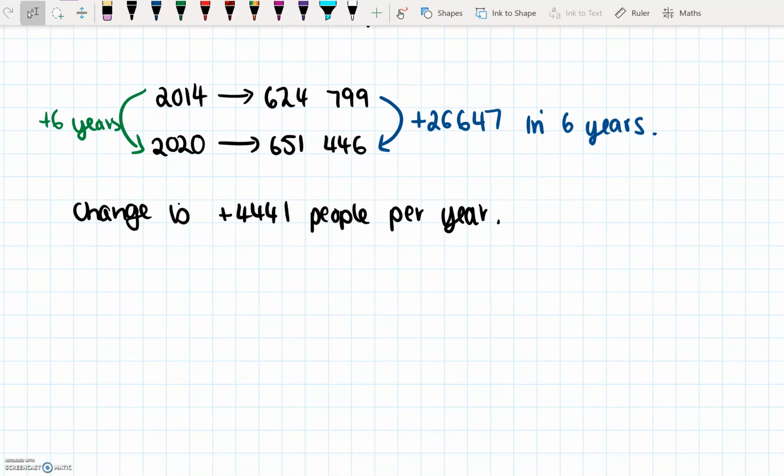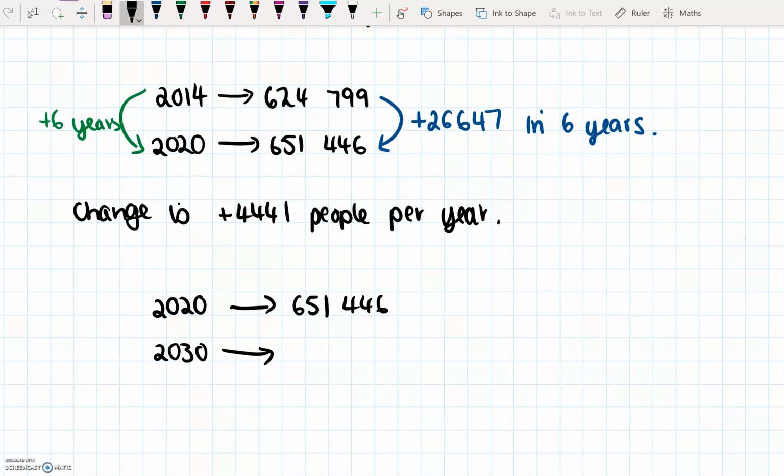Now if we're going from 2020 to 2030, our change here is plus 10 years, and our change on the other side is therefore going to be plus 4,441 times 10, plus 651,446.